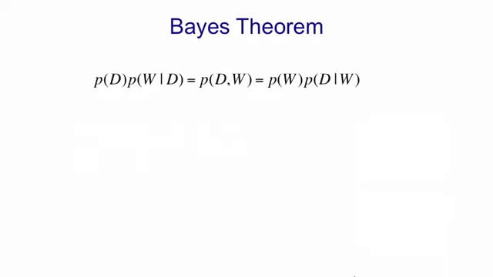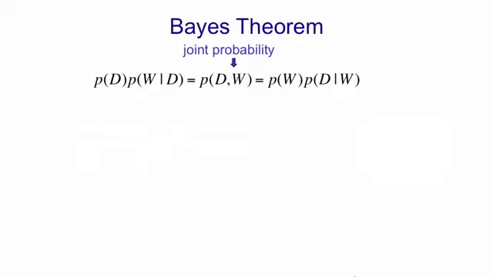So we can summarize all that with Bayes' theorem. The term in the middle of this equation is the joint probability of a set of parameters, W, and some data, D. And for supervised learning, the data is going to consist of the target values. So we assume that we're given the inputs, and the data consists of the target values that are associated with those inputs.